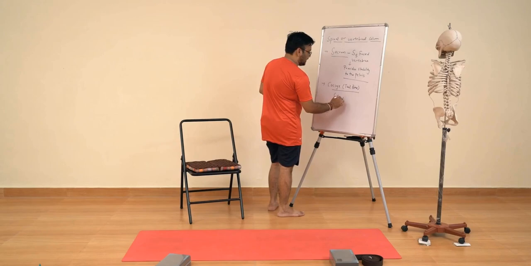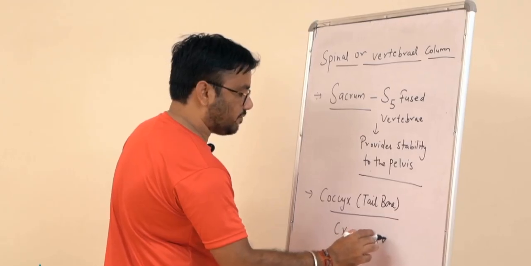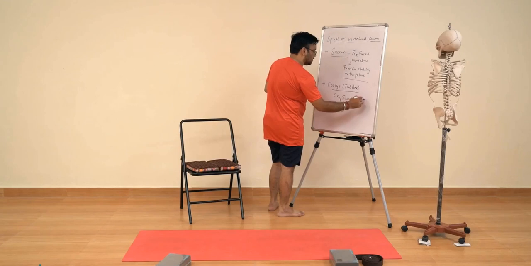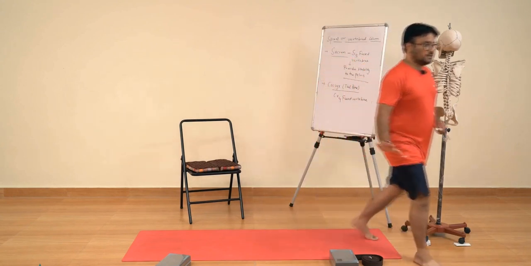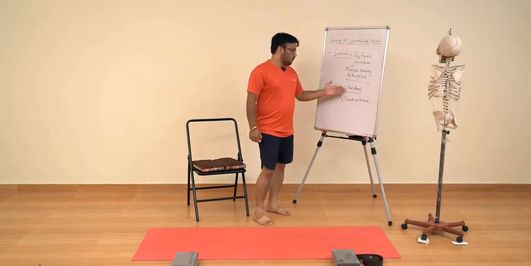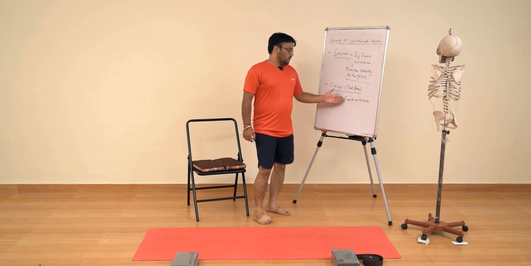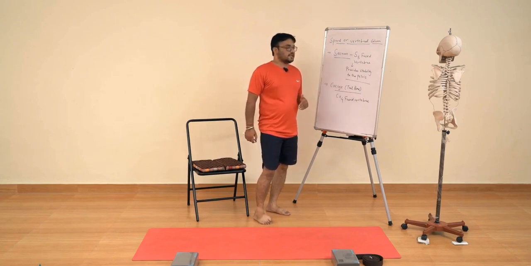Coccyx has four fused vertebrae, like the sacrum.